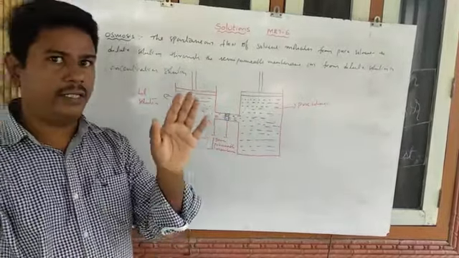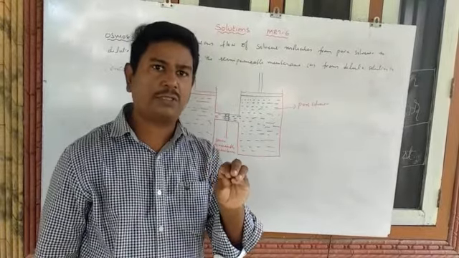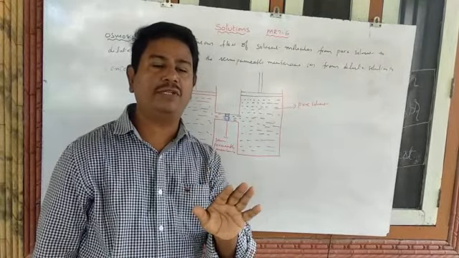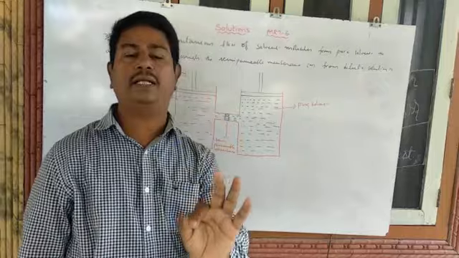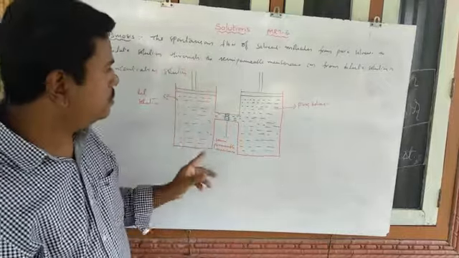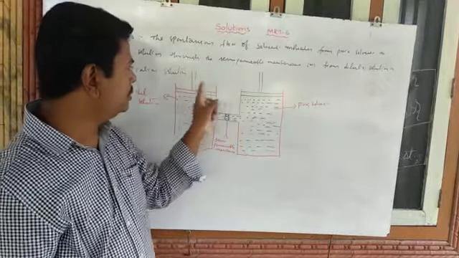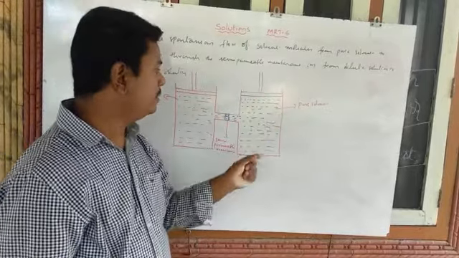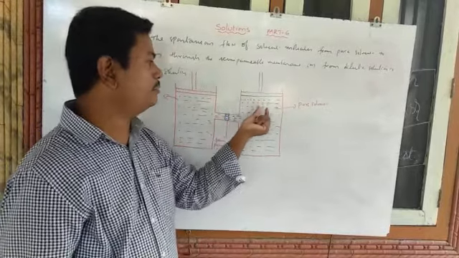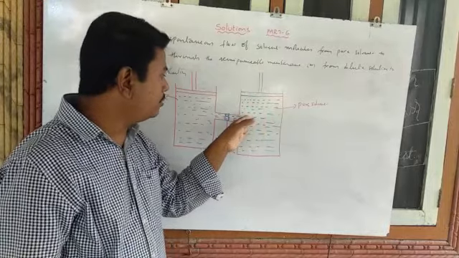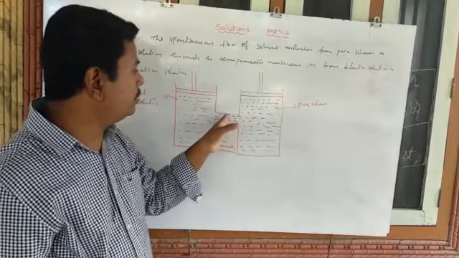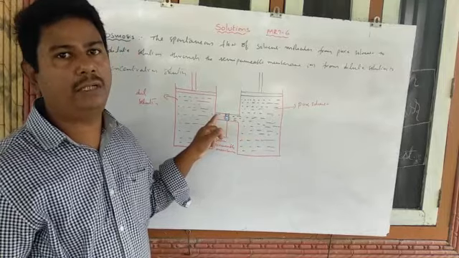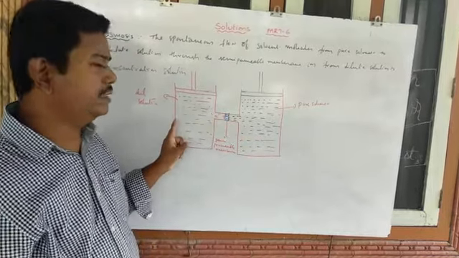I already told you the osmosis process occurs only due to the motion of solvent particles, but not solute particles. Here the same atmospheric pressure is acting, but under the atmospheric pressure the solvent molecules permeate through a semi-permeable membrane into the solution.